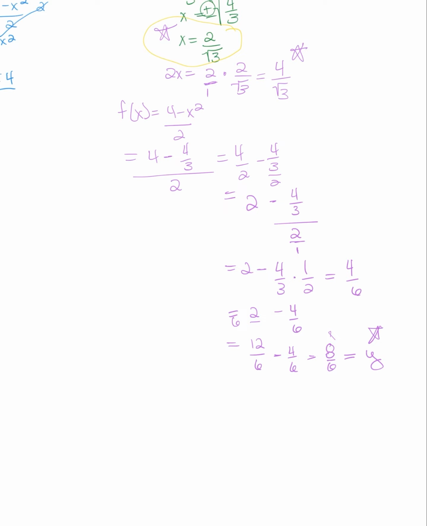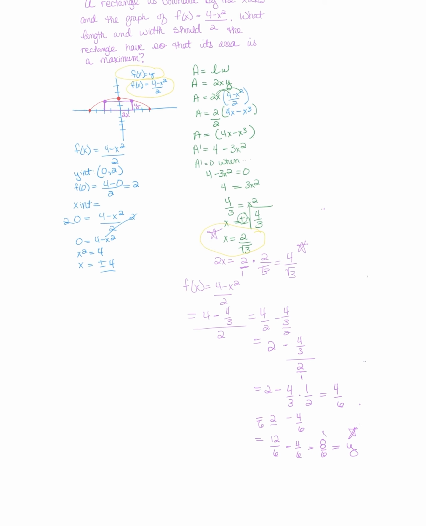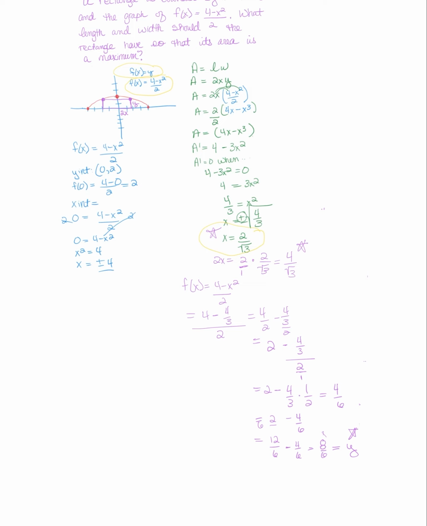Okay, so here we go. The question asked us to find the length and the width. And here we have that our length, which is 2x, is 4 square root of 3, so this is our length.